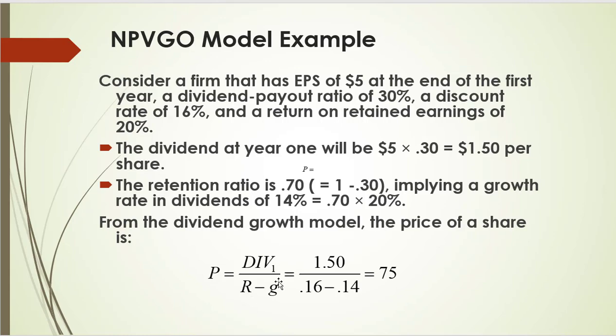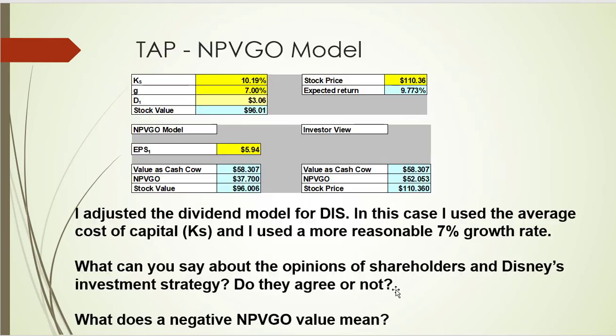So the value of this stock is next year's dividend divided by, this is just the dividend valuation model. This stock is worth $75. But what we want to talk about is, can we break that down into some parts so we can kind of understand how we as investors feel about this particular company?